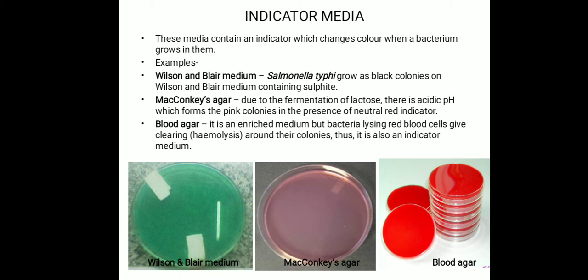Here neutral red is the indicator. Then we have blood agar. It is an enriched medium, but bacteria lysing red blood cells give clearing, or hemolysis, around their colonies. Thus it is also an indicator medium. So that's all for the indicator media.